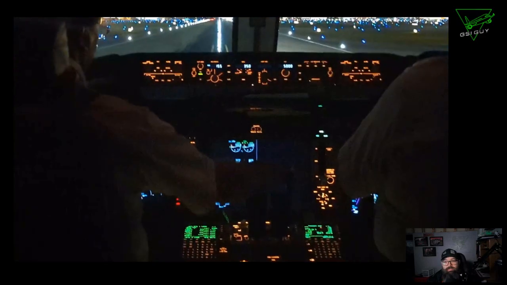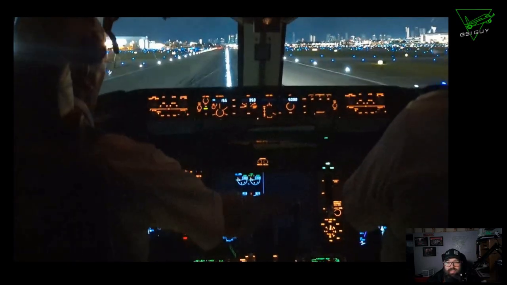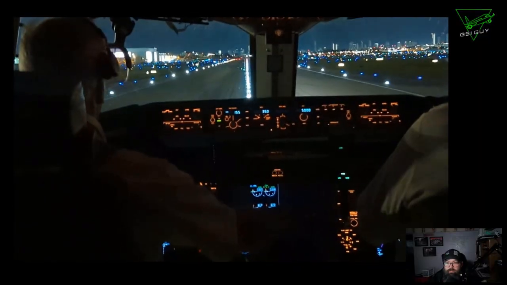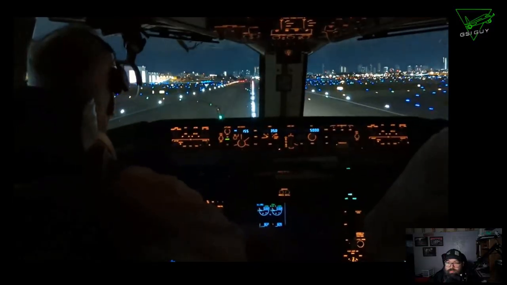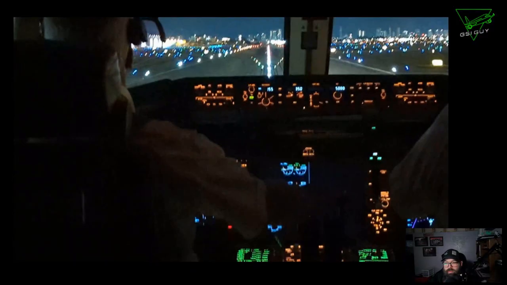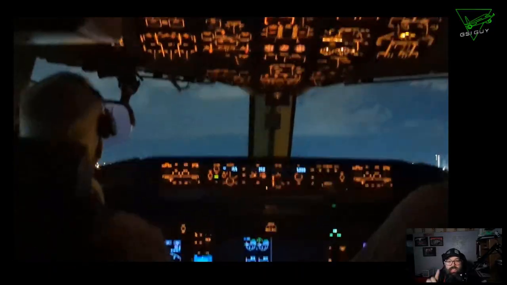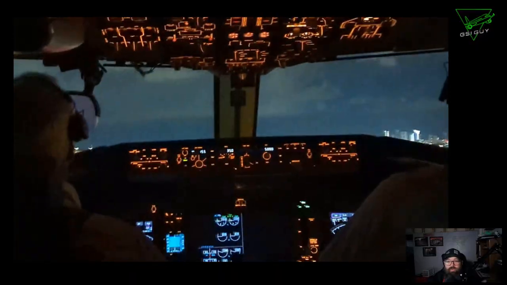80 knots. So you do their cross check at 80 knots. That's usually a critical speed there too. No-go speed, right? So that's another conversation.